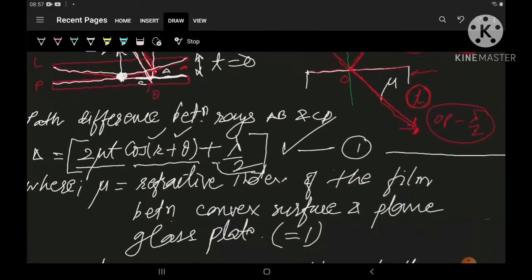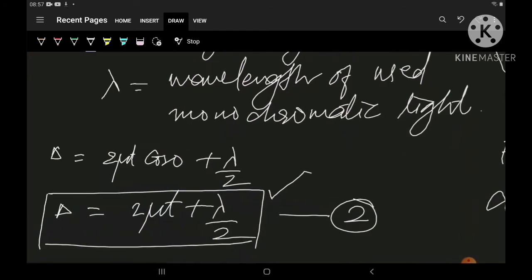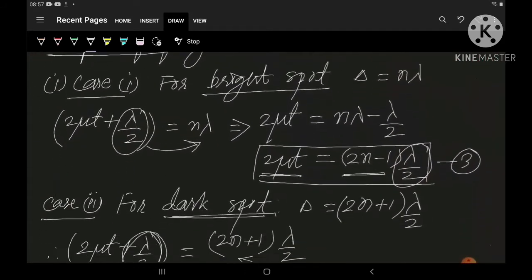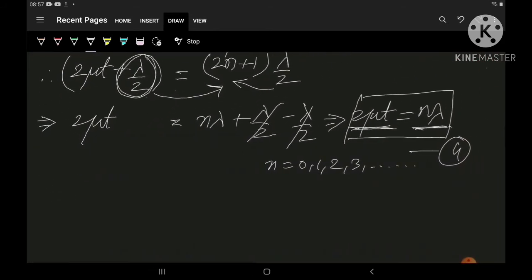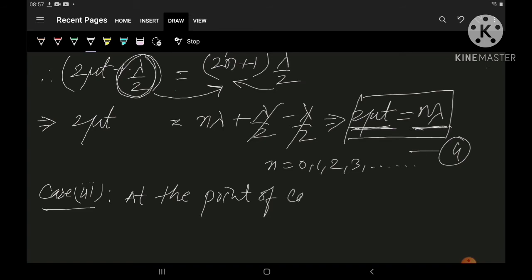Let's see. So in case third, at the point of contact, we know thickness t is equal to 0.